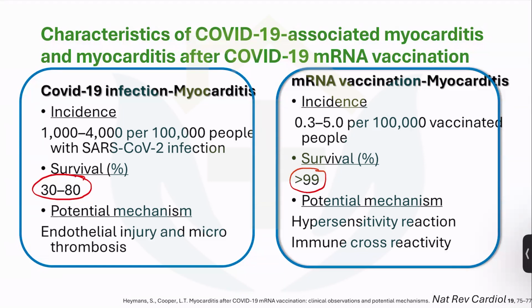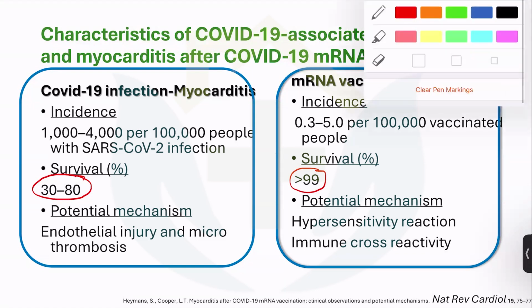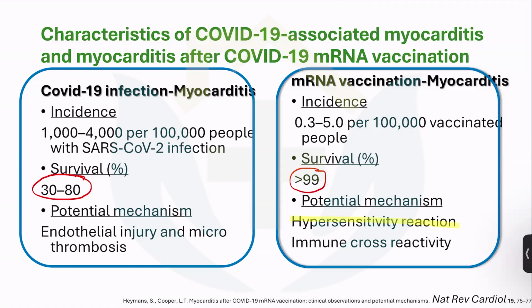The mechanism is mostly a hypersensitivity reaction if it is post vaccination, and if it is post infection, then it is mostly endothelial injury and microthrombus. Both of these, endothelial injury, microthrombus, and hypersensitivity reaction, are previous MCQs. Hypersensitivity reaction is with the vaccine, and it has a better survival rate. Okay, this is what you have to remember.